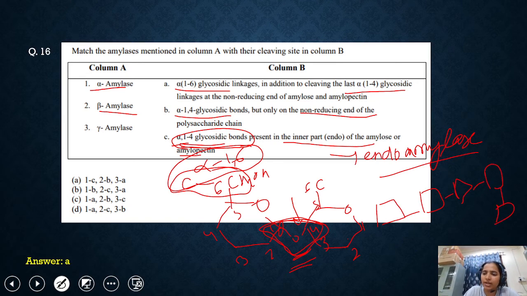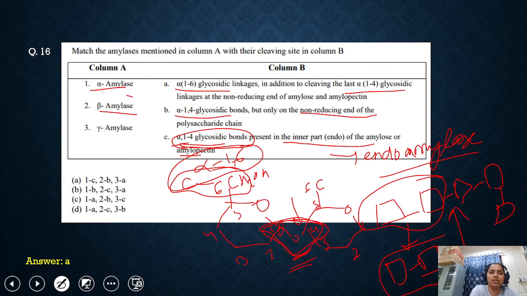It usually breaks the bond after two monosaccharides, so it usually forms disaccharides after its cleavage. It also breaks the alpha 1,4 glycosidic bond at the non-reducing end, and usually forms disaccharides. You must remember this.